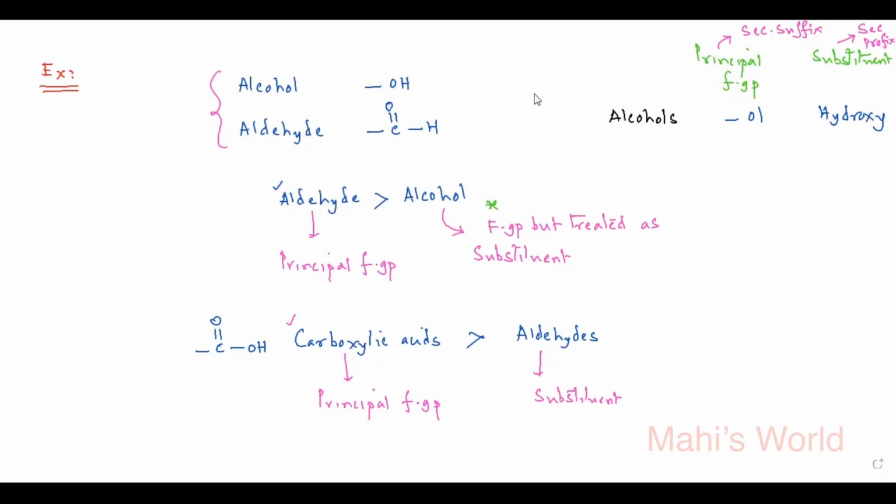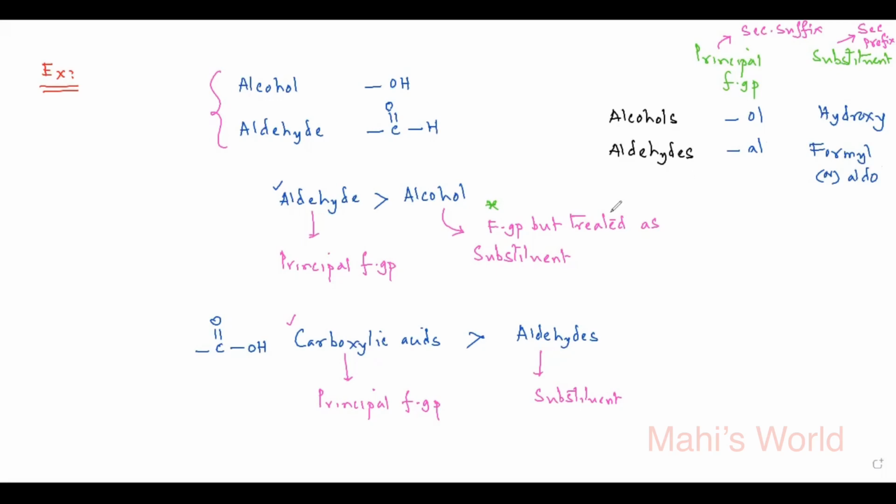I'll of course give you many examples, but let me first finish up the theory. Alcohols, yes, then there are aldehydes. When they are treated as principal functional groups, we call them al. And when they are treated as substituents, we call them formyl or aldo.